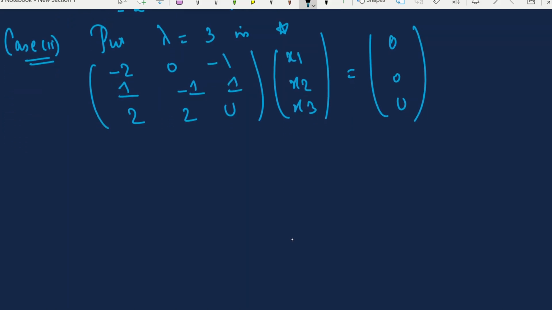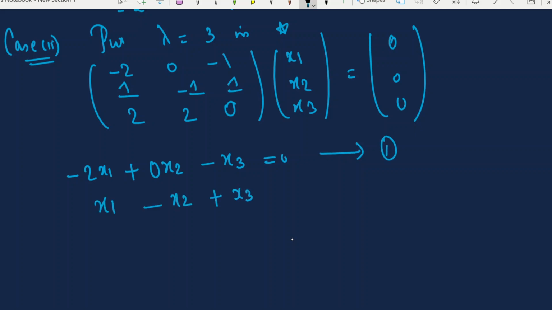Using matrix multiplication: minus 2x1 plus 0 x2 minus x3 equals 0; x1 minus x2 plus x3 equals 0; 2 times x1 plus 2 times x2 plus 0 x3 is equal to 0.